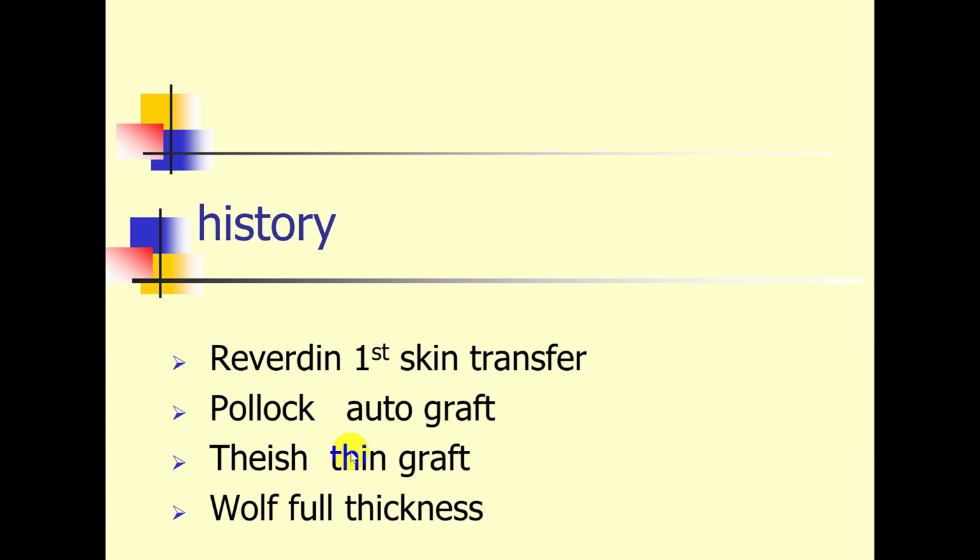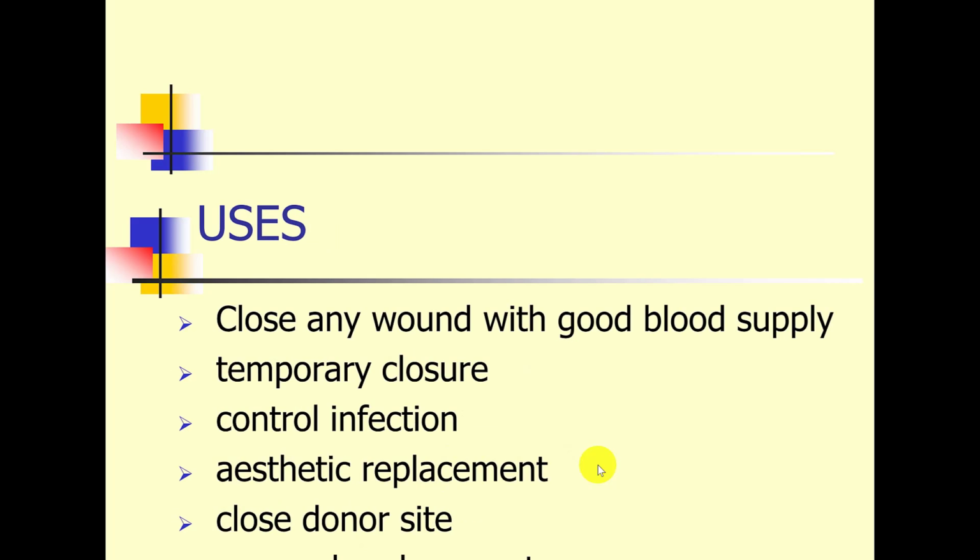Thiersch defined the thin skin graft, which is the split skin graft, the Thiersch graft. And Wolfe described the full thickness skin graft, so we can term that the Wolfe graft, which is the full thickness skin graft. These are the historical elements.